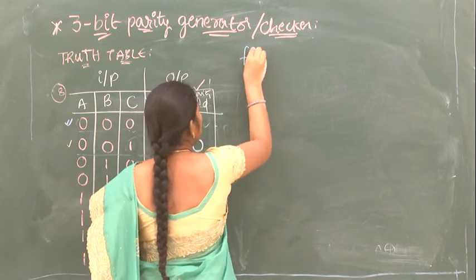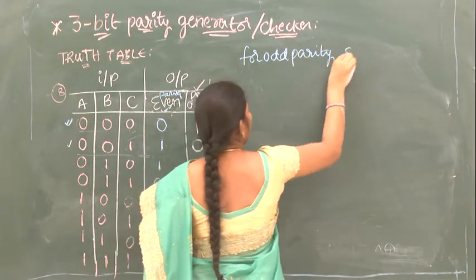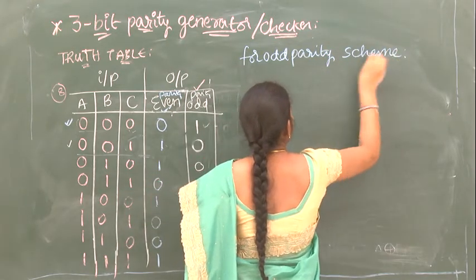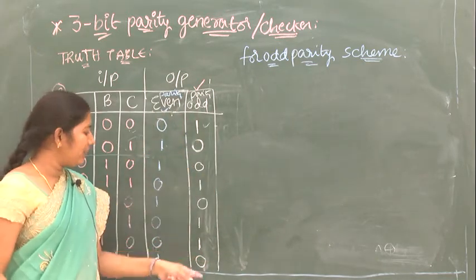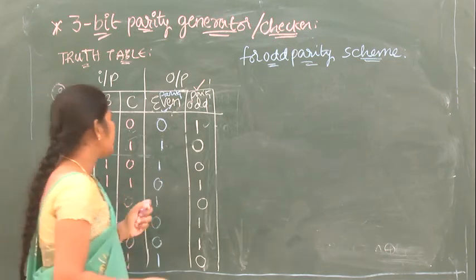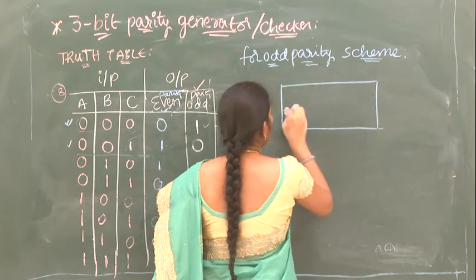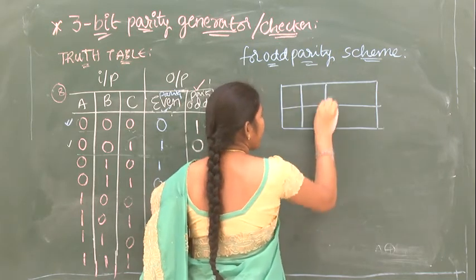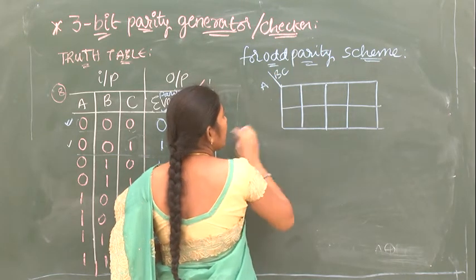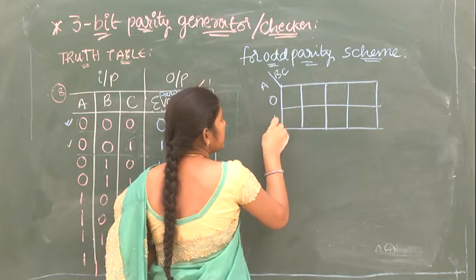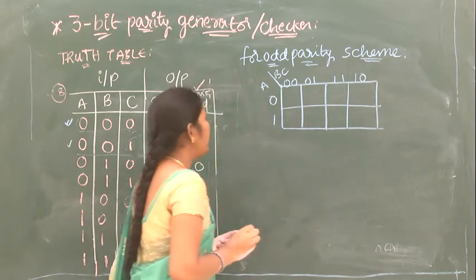For the odd parity scheme, as I have already developed the truth table, I'll consider an 8-cell K-map to get the logic expression. Here the inputs are A, B, C. So each cell representation is 0, 1. This is 000, 01, 10, 11.